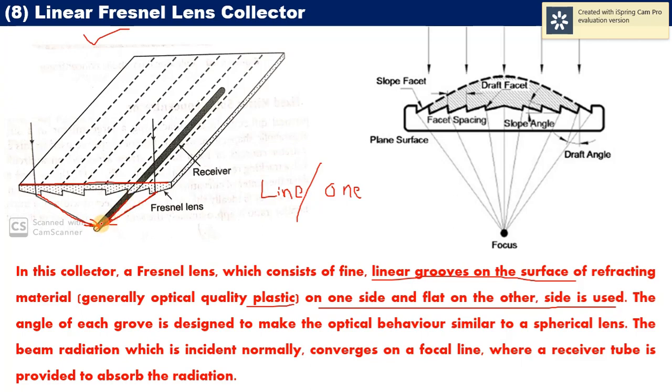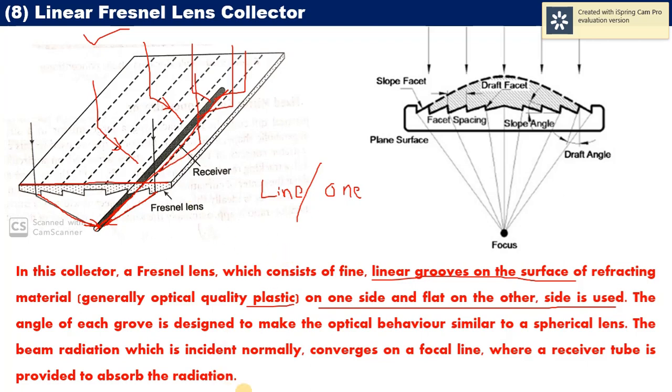The receiver is in the form of a line. That's why we call this a linear Fresnel lens collector. So whatever solar radiation is incident on this Fresnel lens is concentrated on the absorber. So we have this concentrator.